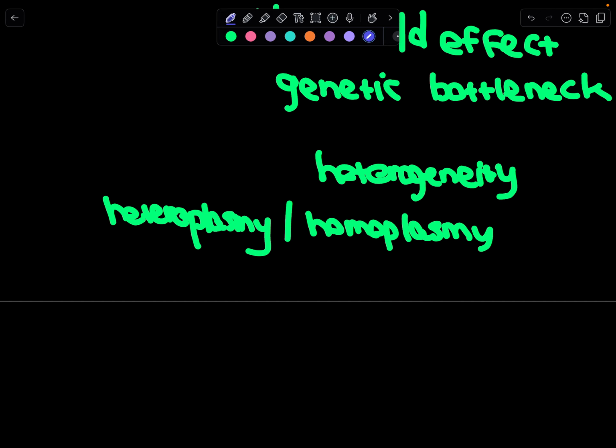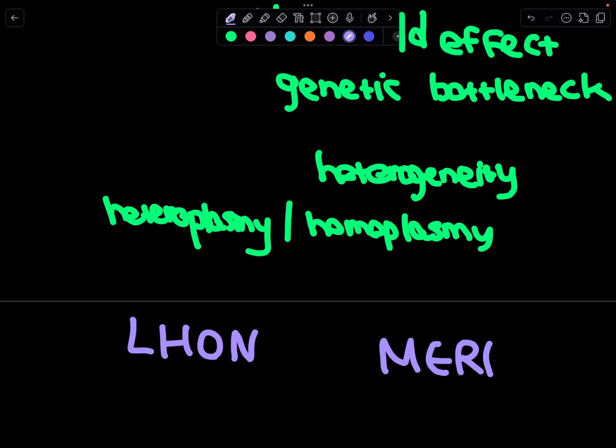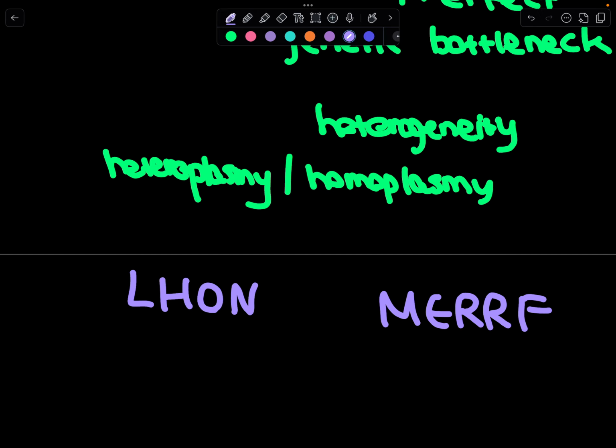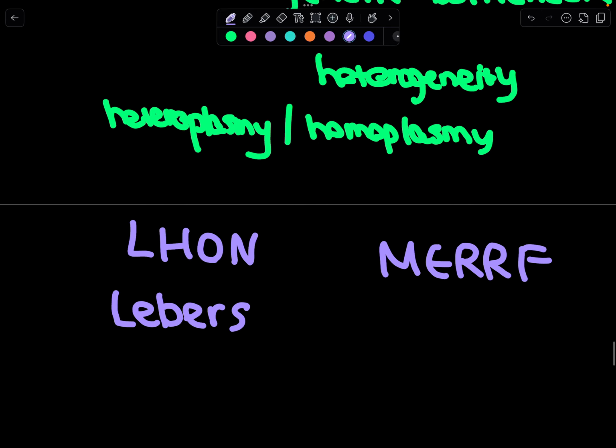Leber's hereditary optic neuropathy, LHON, and myoclonus epilepsy with ragged red fibers, MERRF, are mitochondrial myopathies caused by mtDNA mutations, disrupting the electron transport chain and ATP production.